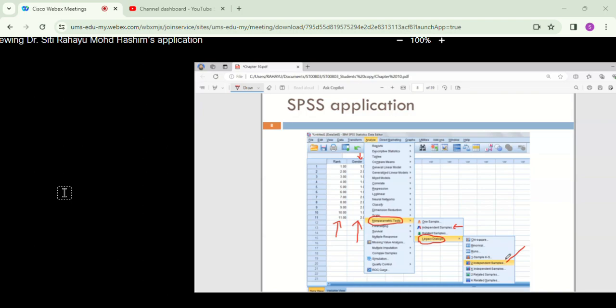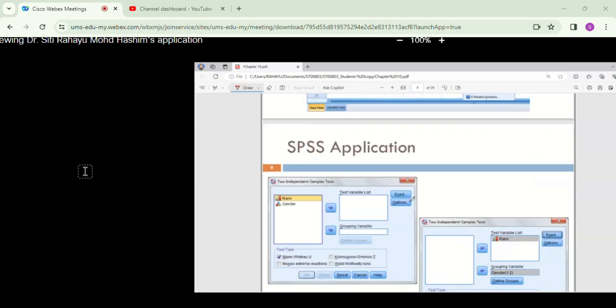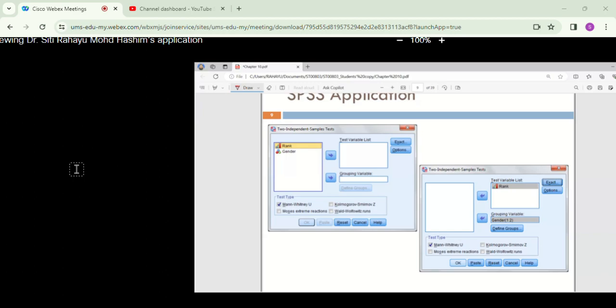This is the reason why I choose legacy dialogues, because it gives you a clear choices in the drop-down list. Okay, legacy dialogues, and then choose two independent samples. When you click that, you will get this dialog box. Okay, similar to the independent t-test, right?